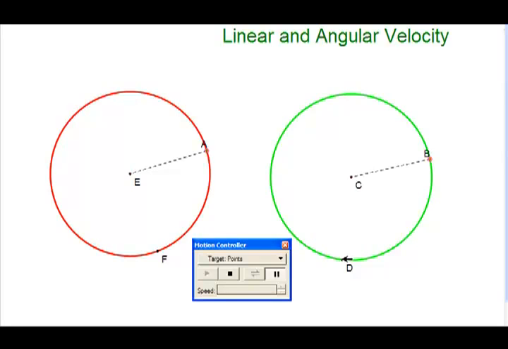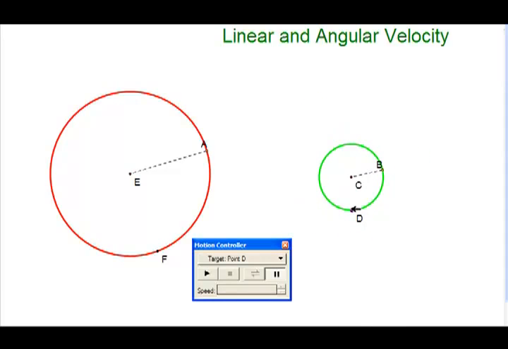Now what I'm going to do here is change the size of the green circle fairly drastically, and then we're going to animate these points again. Now again, the linear velocity is going to be the same for both.